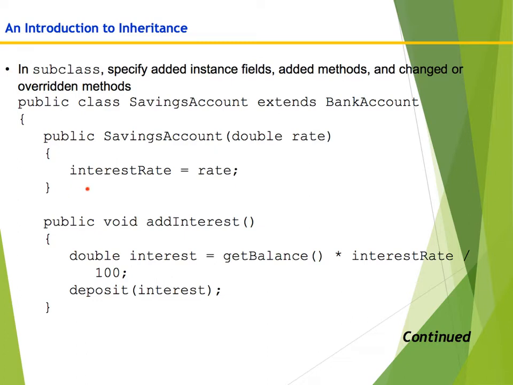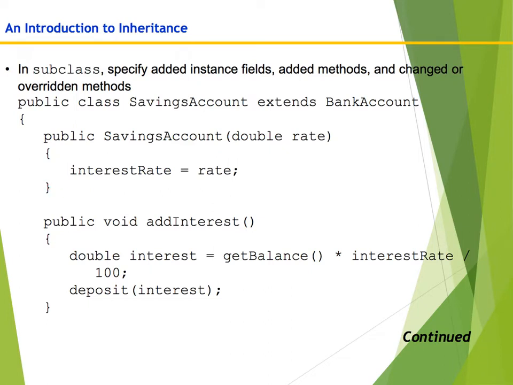So here we write a constructor for SavingsAccount, which gets rate as an input. Rate is a double, and it basically specifies the interest rate of the savings account. You know that not all accounts have an interest rate. That's why the interest rate, which is specific to SavingsAccount, has to be defined here inside SavingsAccount.